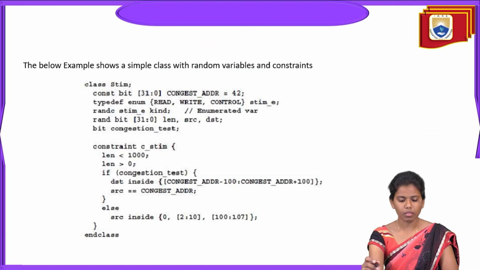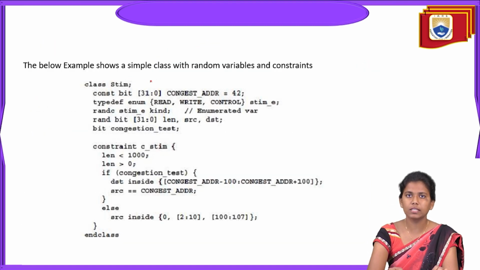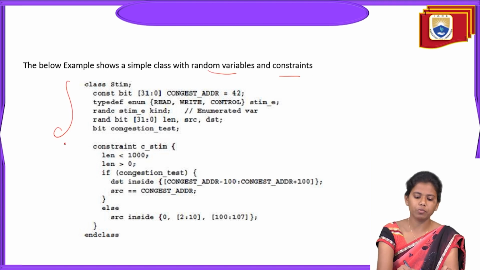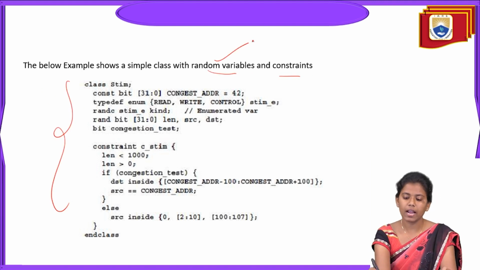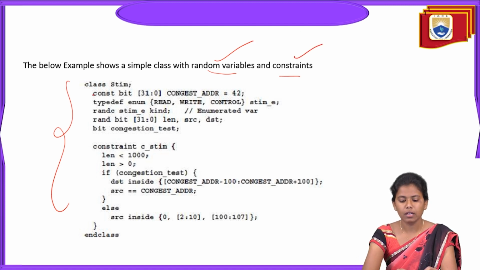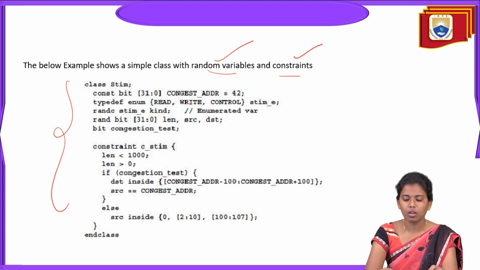Then the following example shows a simple case with random variables and constants. This example tells about the random variables as well as the constants. So let's learn class stem. Constant bit 31:0. Then constraint addition adder, constraint adder 42.